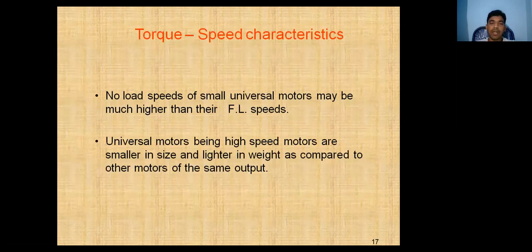Universal motors being high speed motors are smaller in size and lighter in weight as compared to other motors of the same output.